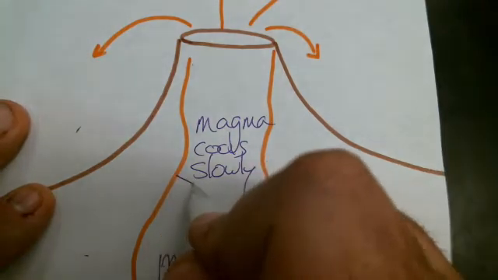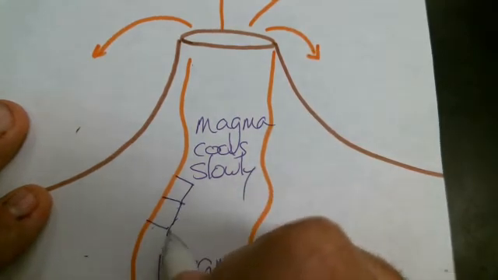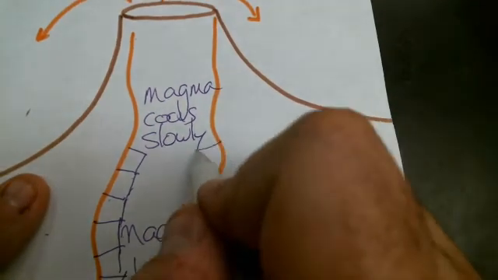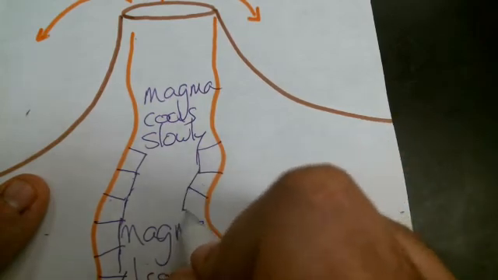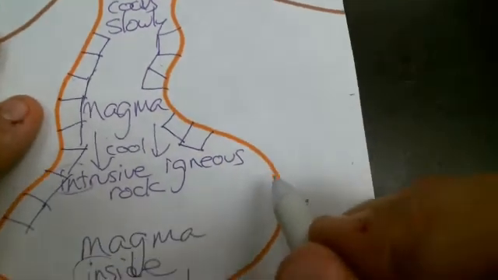So on the sides of this magma chamber, I want you to put large squares. These represent the large crystals that form as it solidifies.